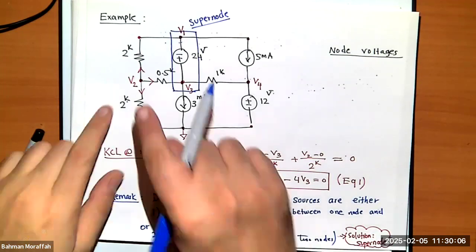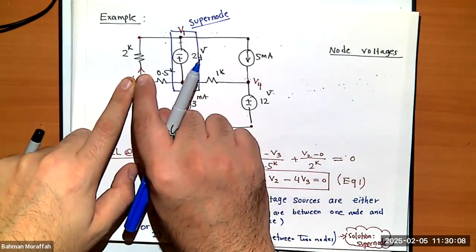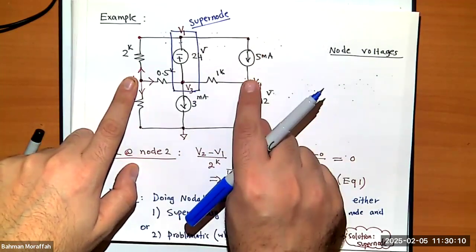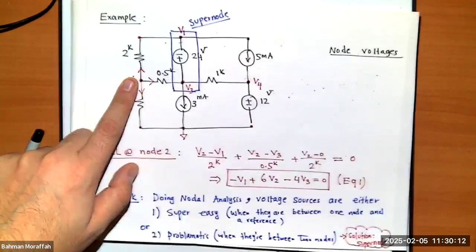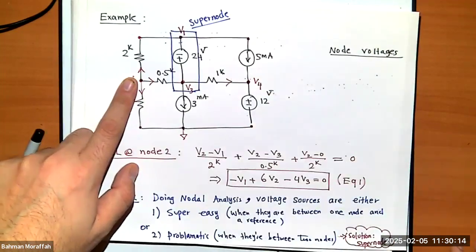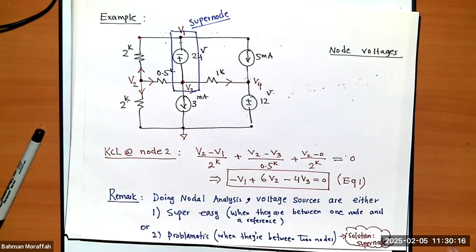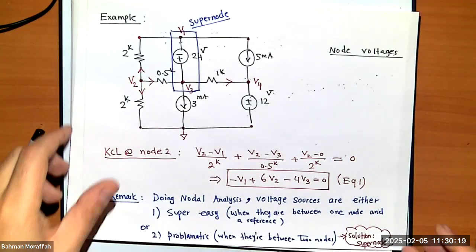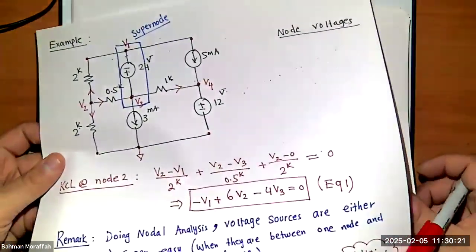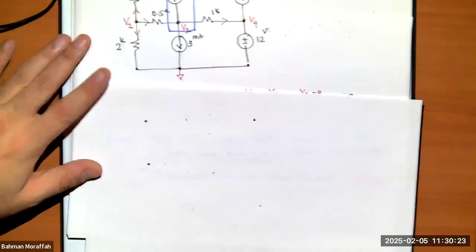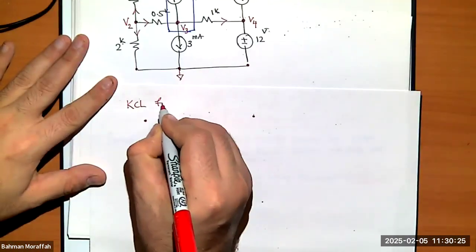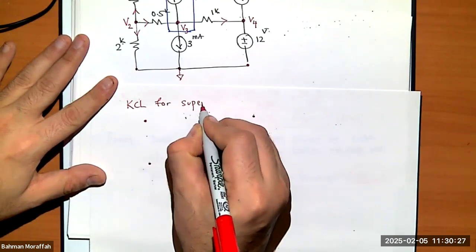If I look at it, I already have this direction, I have this direction for this one as well. I don't have anything for here, so I'm going to assume it's going out. And then I have every other direction. So let's just write the KCL for the supernode.